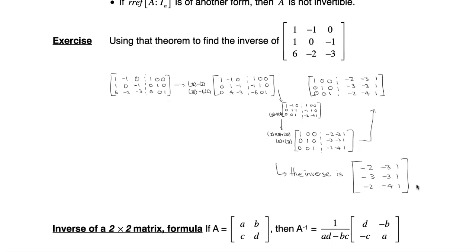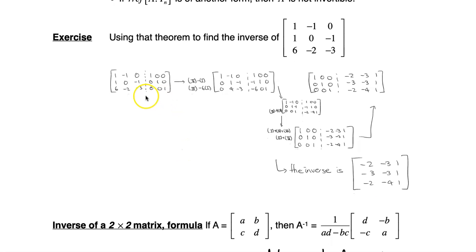So let's see this example. There are multiple steps. The first step here, as usual, is to bring zeros in these two spots, and so on, and so on. It's a little bit long, but in the end, we've managed to have the identity matrix on the left, and so what's left on the right is the inverse of the original matrix.